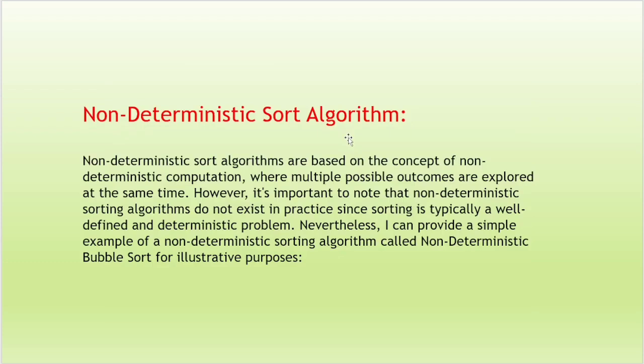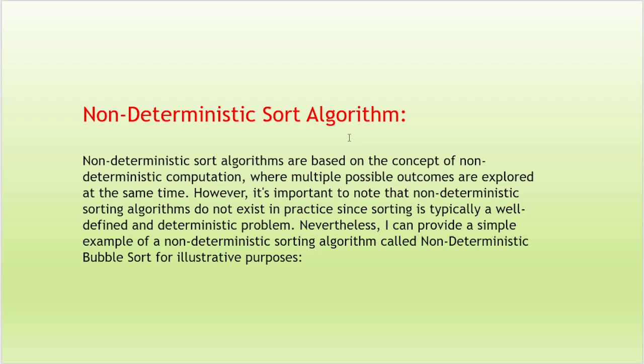Non-deterministic sort algorithm. Non-deterministic sort algorithms are based on the concept of non-deterministic computation, where multiple possible outcomes are explored at the same time. However, it's important to note that non-deterministic sorting algorithms do not exist in practice, since sorting is typically a well-defined and deterministic problem.